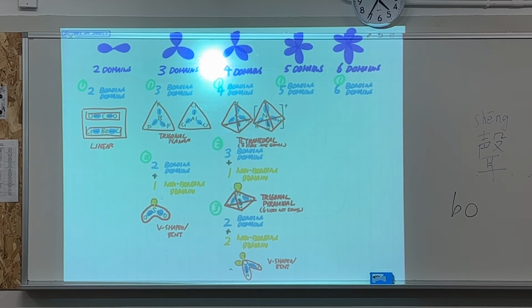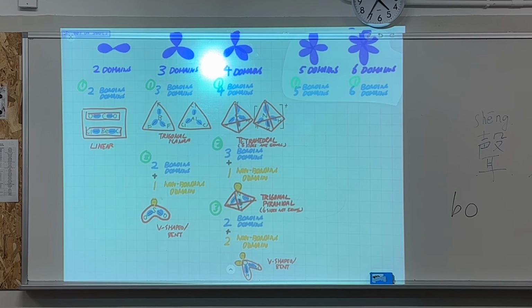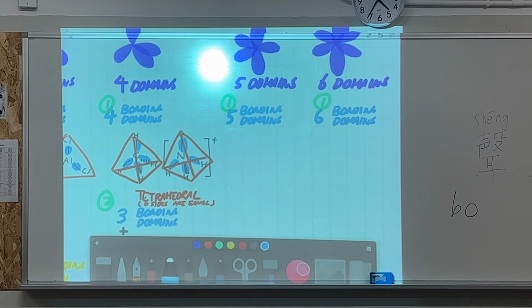Now finally we have 5 and 6 domains. When you have 5 domains, there's only one possibility at the DSE level. And this is when you have something like this. And when you have 6 domains, it's when you have this. So this is PCl5. I think I have to draw it like this, sorry.